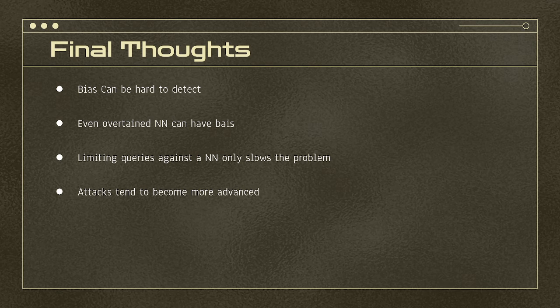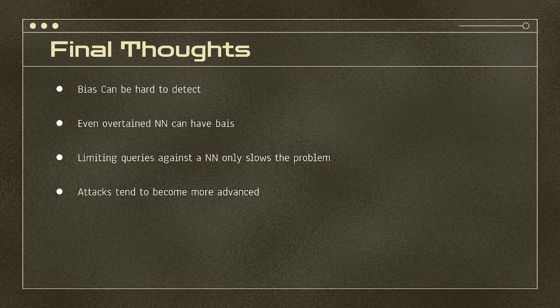And on other talks and research papers on the subject, it's very common for people to mention, oh, we just limit the number of queries to the neural network and that solves the problem. No, that only slows it. If you look at classical problems like Heartbleed, which typically requires an enormous amount of sampling, that particular attack was shown to still be feasible over long periods of time.